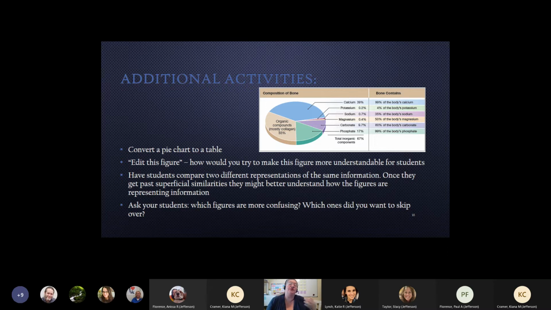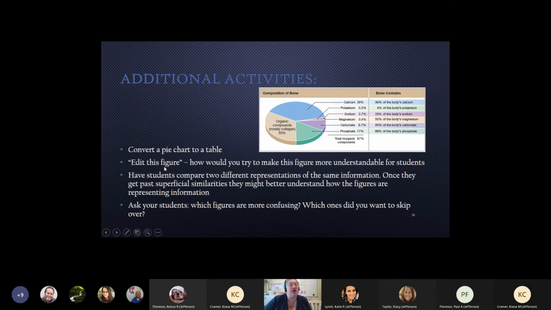So once they start to talk to each other, then they can expand how they're looking at converting this to a table. And then she has students share out their discussion while she actually tries to make a table in the front. And she says that students really start to appreciate the information that's in a pie graph when they really start to wrestle with other ways to represent that same information.